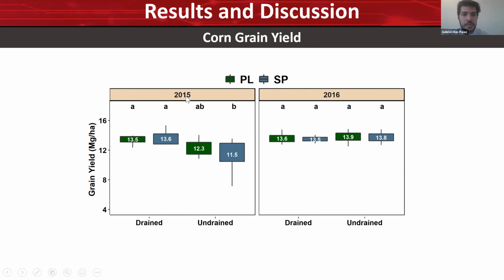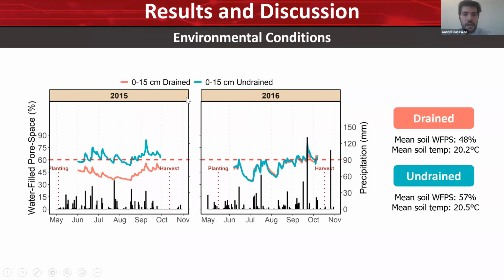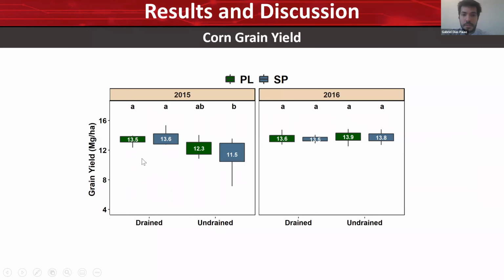However, in 2015, which had much larger differences in soil water filled pore space, there were larger differences in grain yields, and drained soils tended to yield more than undrained. So it's very interesting to see that soil moisture conditions reflected really well what we observed in terms of grain yield.